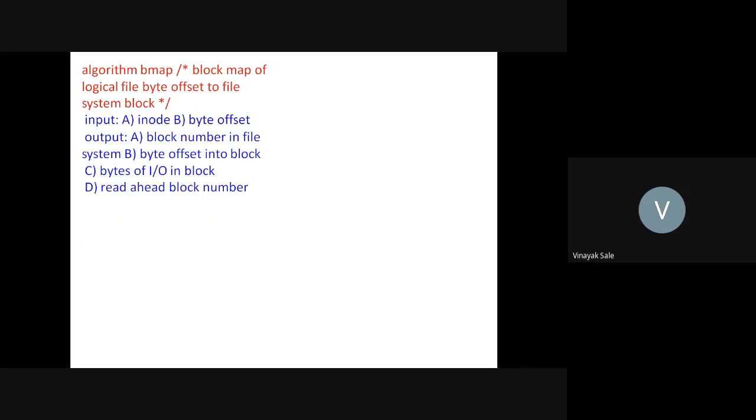The input is the inode and byte offset. The output is the block number in the file system, the byte offset into the block, then the number of bytes of I/O in the block, and the fourth output, the read-ahead block number.